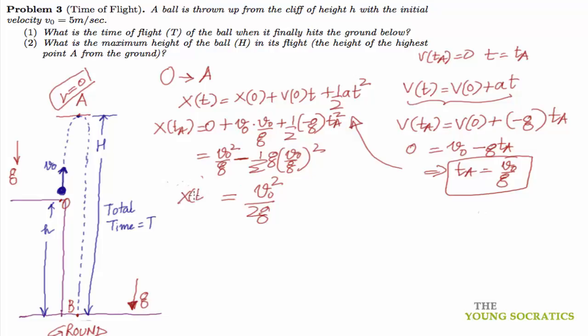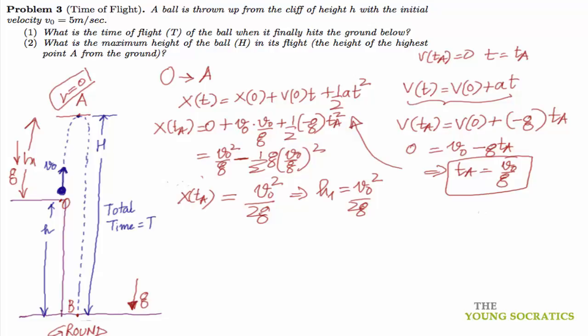This is x(ta), and note x(ta) is nothing but the height of the point which is at the maximum height from the topmost point of the cliff. So let's call it h1, which implies h1 is equal to v0 square over 2g.